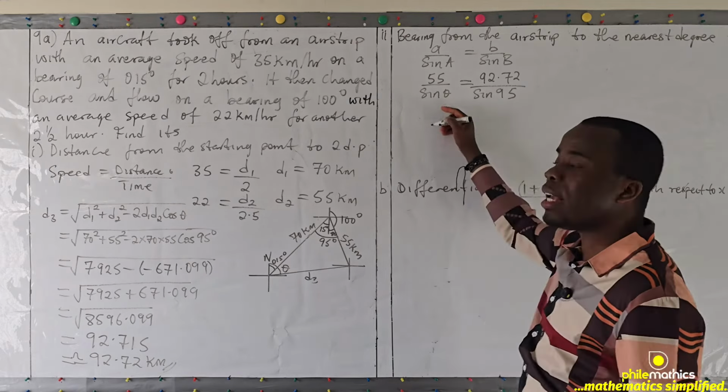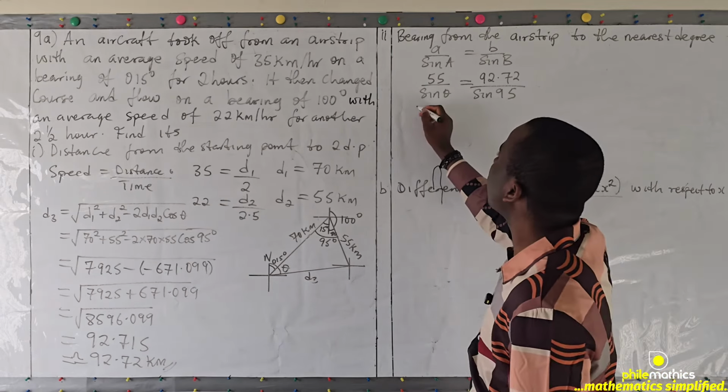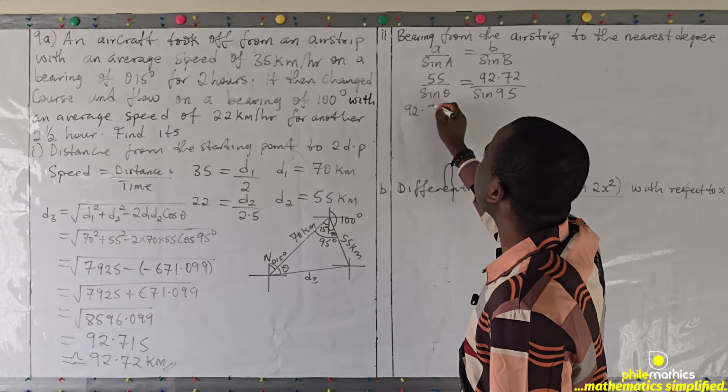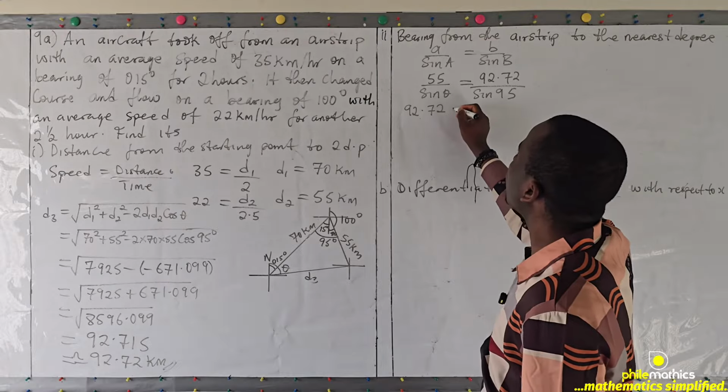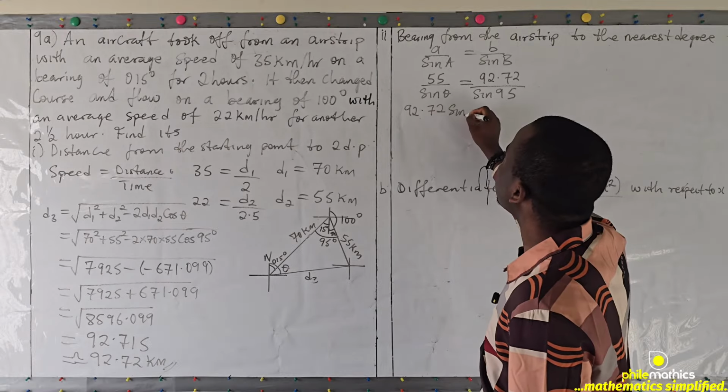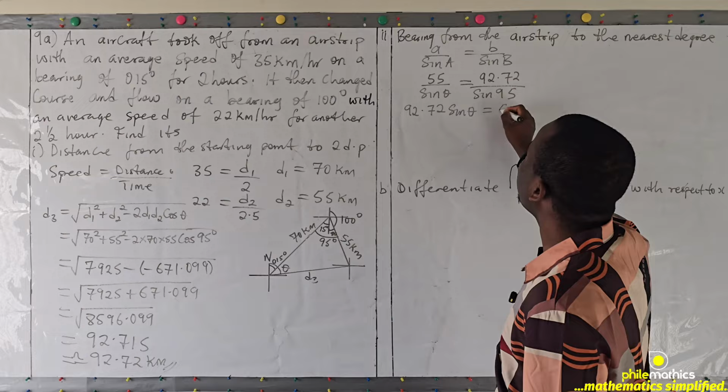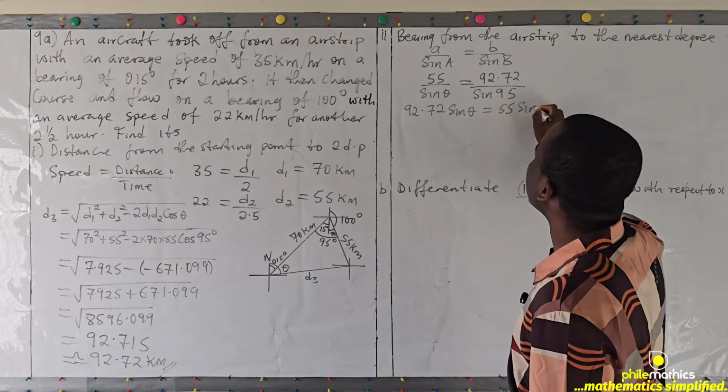And so to find what theta is, we can cross multiply. 92.72 sine theta will give 55 sine 95.